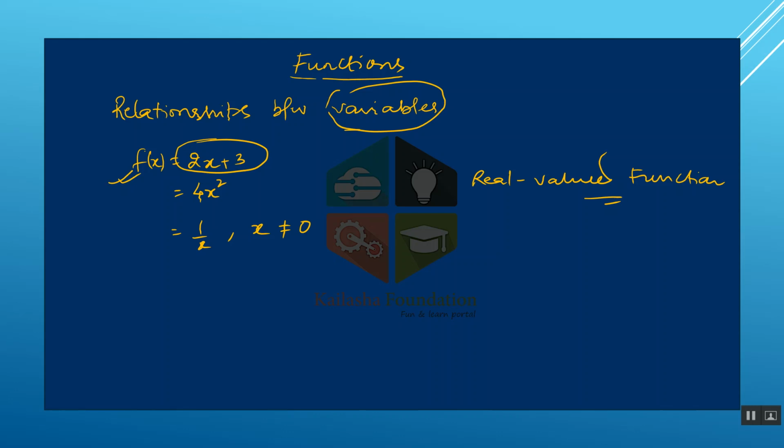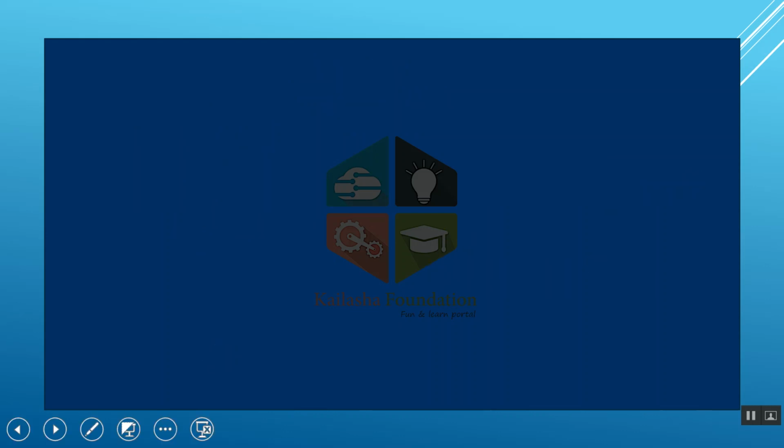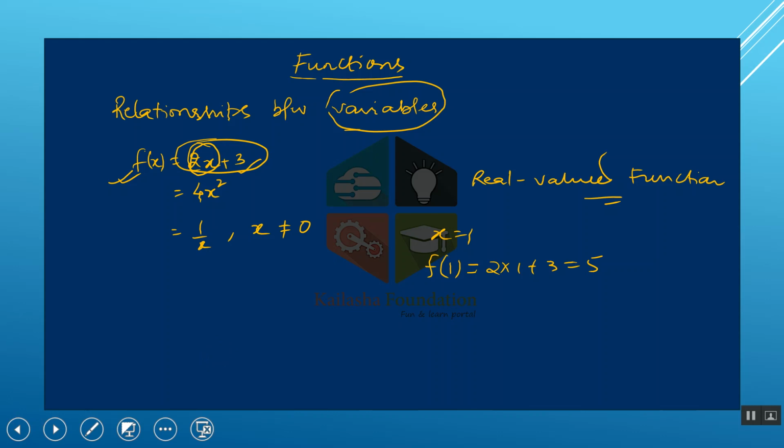If we put the value of this independent variable x to be 1, then it will be equal to 2 into 1 plus 3. Then f(1) will become 2 into 1 plus 3, that is 5. f is a function of x.